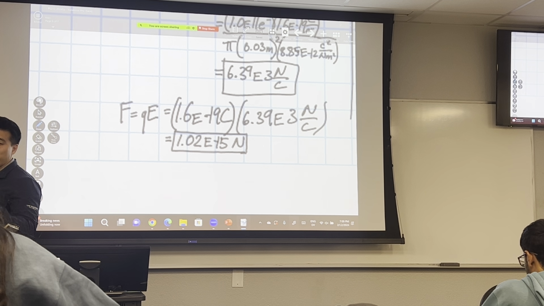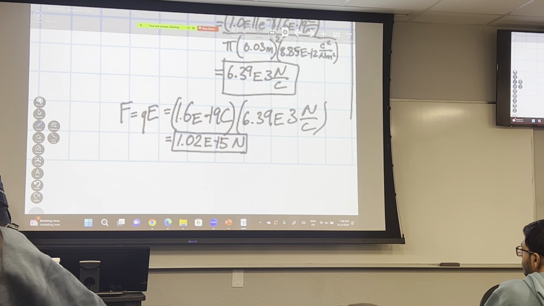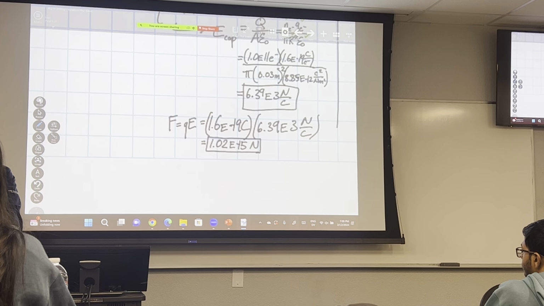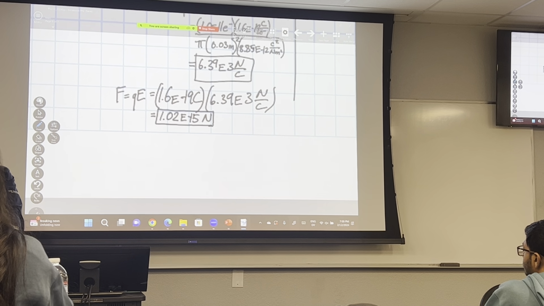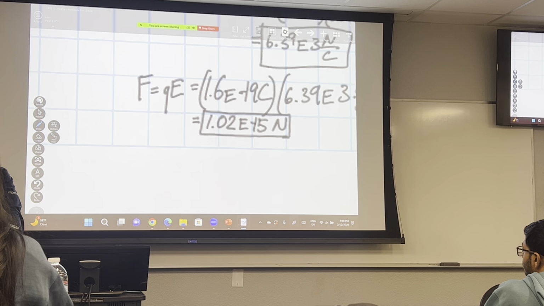Is that large or small? Are you sure? Well, let's see, because large or small is a relative answer. Let's look at the corresponding acceleration value that arises.